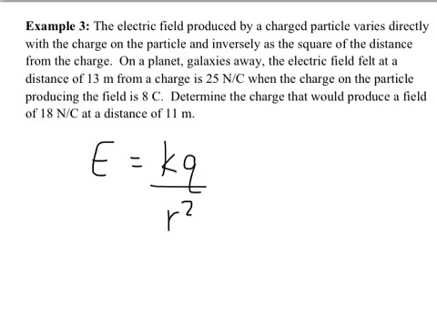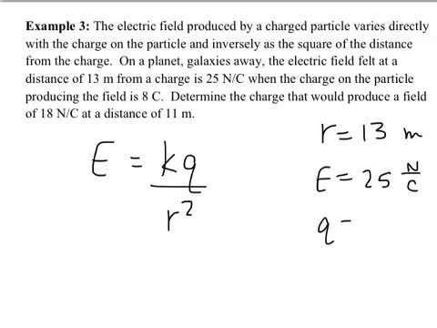Now we're told that on a planet galaxies away, the electric field at a distance of 13 meters, so R is 13, from a charge is 25 newtons per coulomb when the charge on the particle producing the field is 8 coulombs. Determine the charge that would produce a field of 18 newtons per coulomb at a distance of 11 meters.